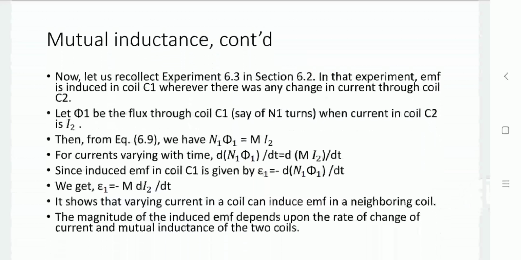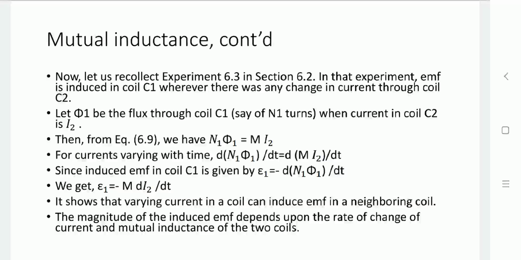Now, for the flux phi 1 through coil C1, for the experiments we have done earlier in 6.3 of the Faraday and Henry experiments, the current in coil C2, that is I2, affected the C1. So this is how, based on the mutual inductance, the C2 current is affecting C1.